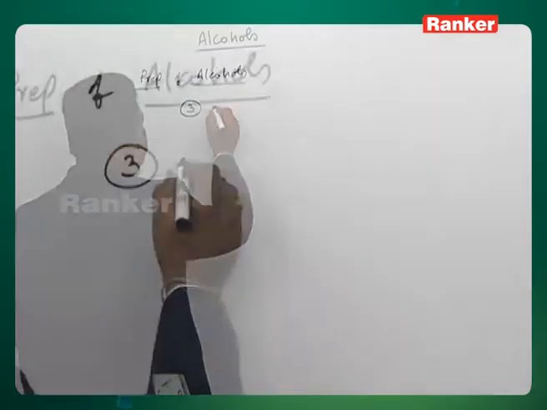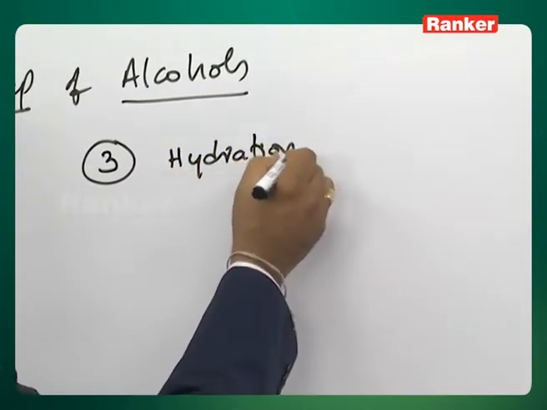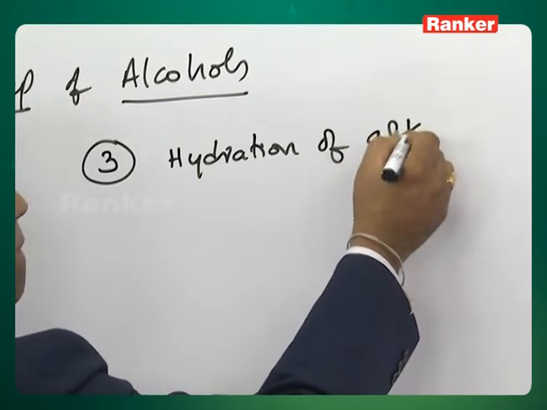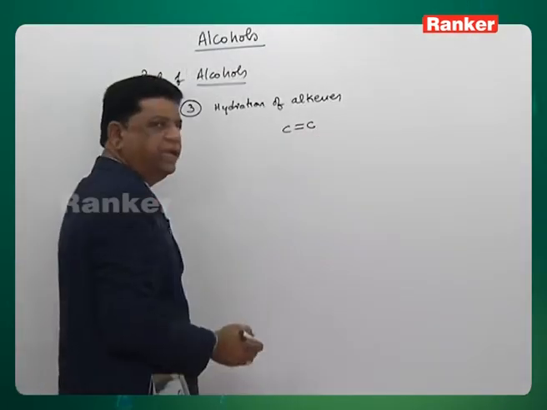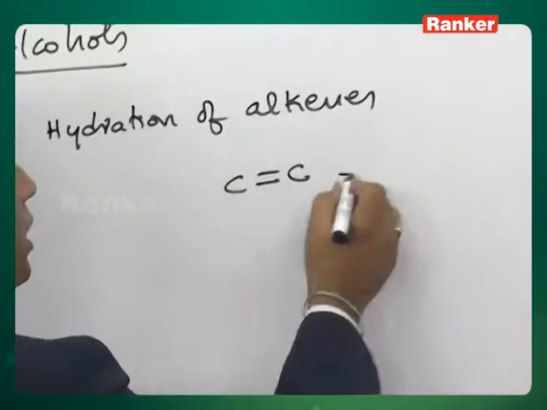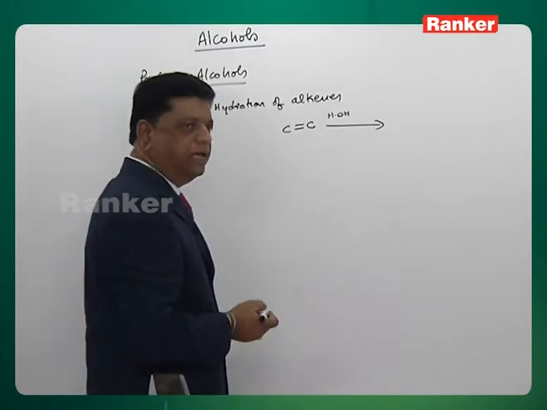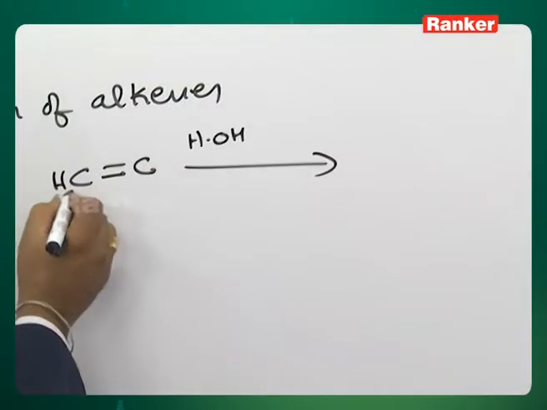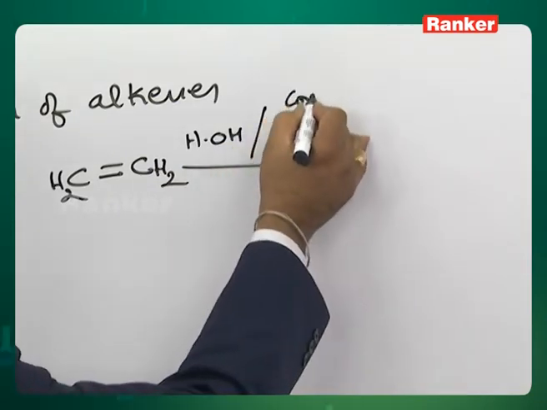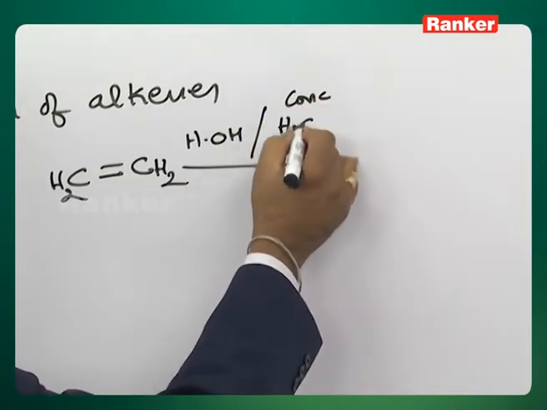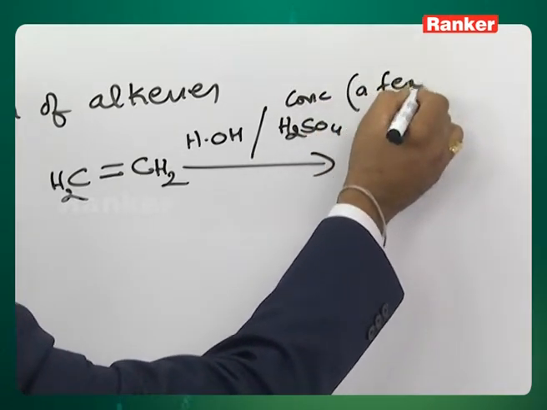This is hydration of alkenes. Take the simplest alkene, ethylene, and add HOH. However, water alone on ethylene has no action, but if you have a catalyst like concentrated sulfuric acid, a few drops is enough.